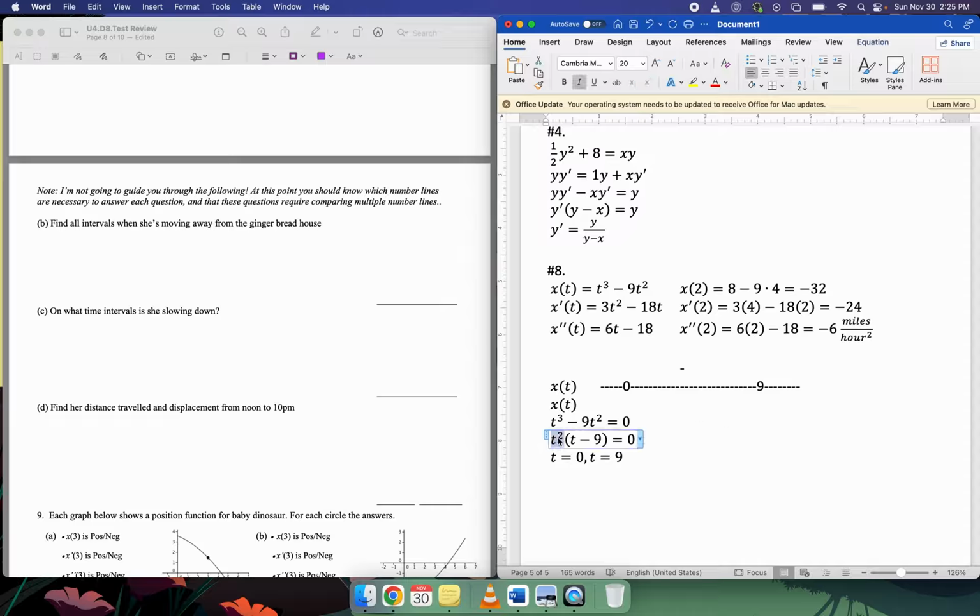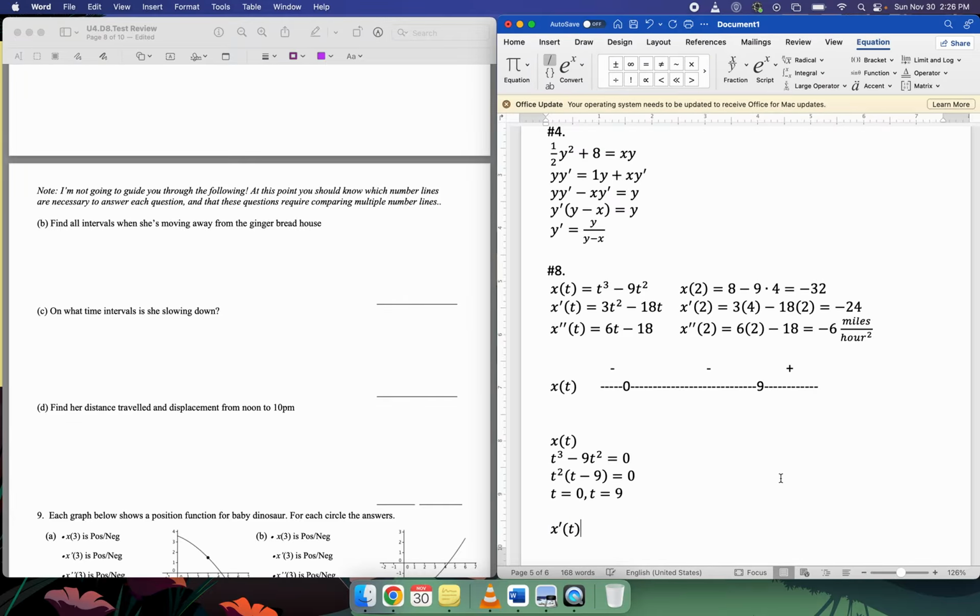Because that is being raised to an even exponent, I know that the sign will not change at 0. So it's going to be minus in this region as well. And then 9 comes from this factor, which has an exponent of 1. That's odd, so it is going to change there. So that's the sign analysis for the position function, and I'll leave that there.